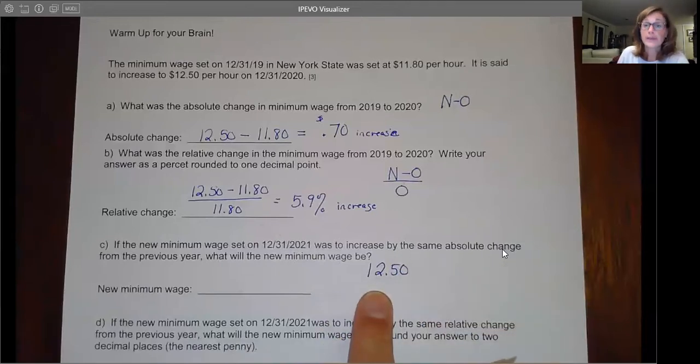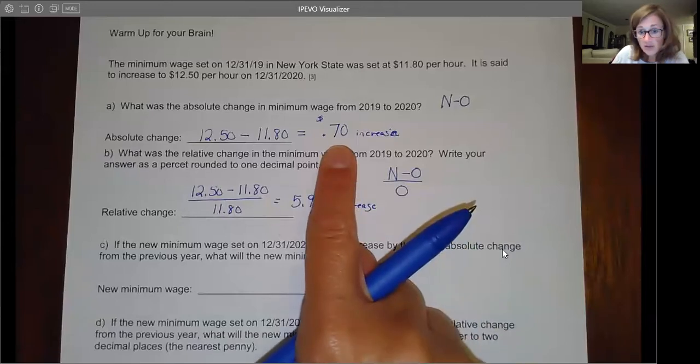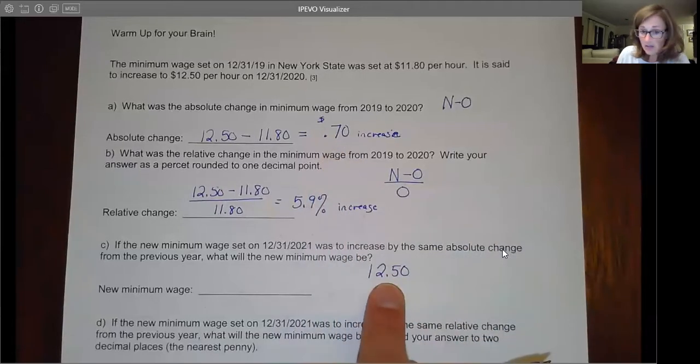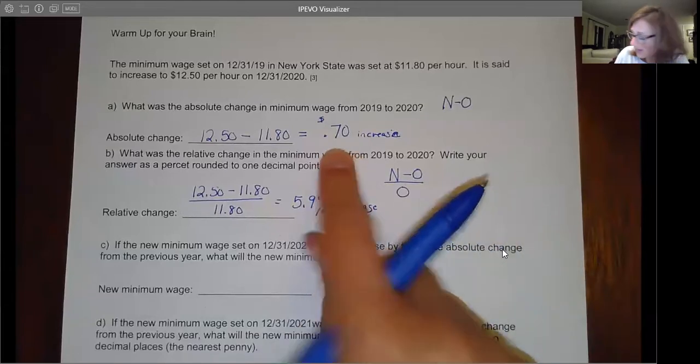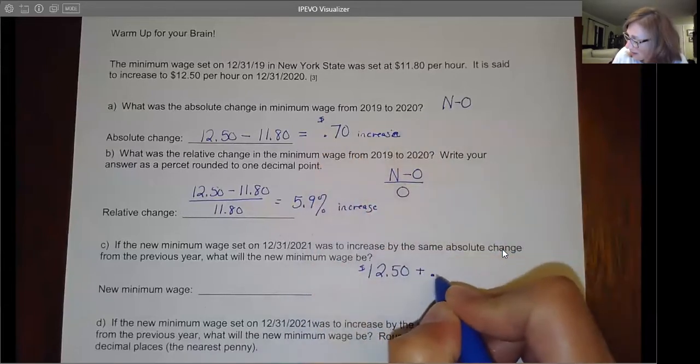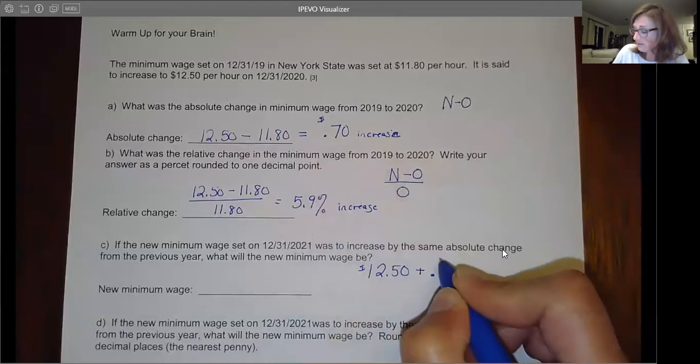I don't know how accurate this data is. Then in 2021, it said to increase by the same absolute change. So there was the increase from the year prior to get to this value. If it's going to increase again by the old absolute change, it's going to increase by another 70 cents.